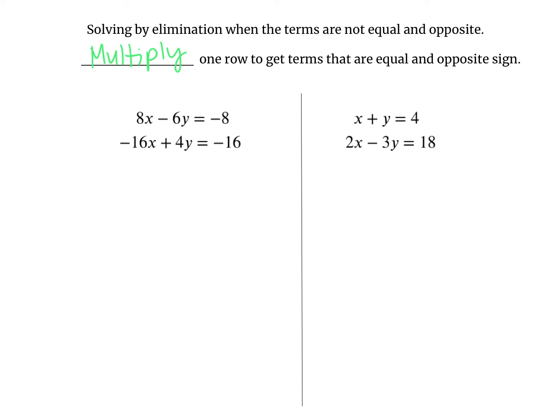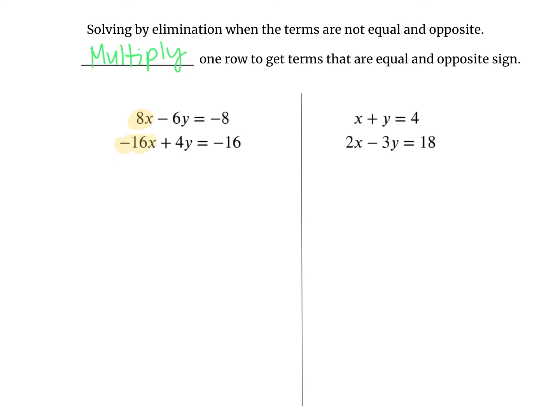So what I'm going to do is really pick a term that I want to eliminate. So for this first one, I'm going to go with x, okay? I want to be able to eliminate the x terms. And when you look at it, this first equation has a positive 8x. The second one has a negative 16x.